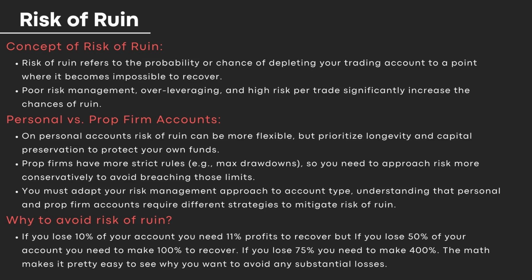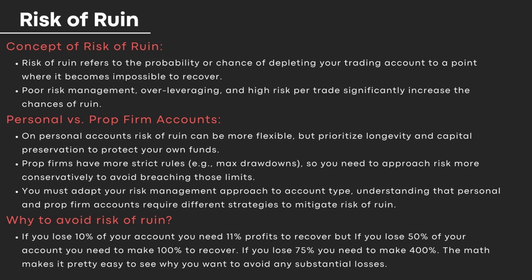On the other hand, a prop firm has a lot stricter rules, right? Like maximum drawdown limits. And these rules are there, first of all, to protect the firm's capital and to make sure that you are not gambling and you're actually trading consistently with a proper plan and a proper system, right? But that also means that you've got to be a lot more conservative with your risk, right?